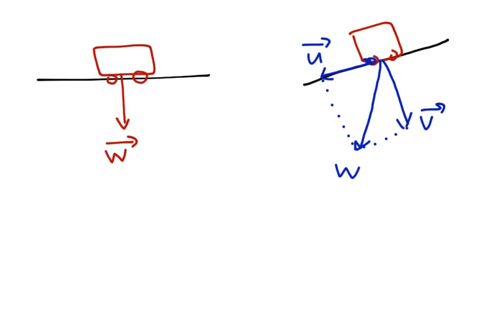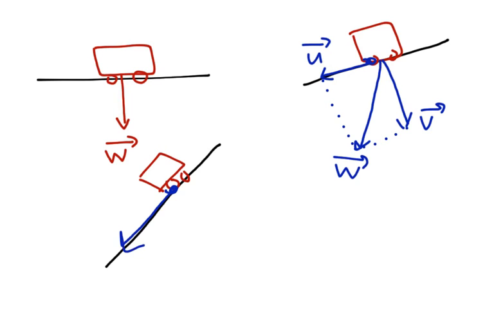And then we have this third vector, we're going to call it W, which is the sum of U and V. And that's often the vector we want to deal with. That's the weight of the car directly to the center of the earth, whereas U is the force that tends to roll the car down the hill, and V is the force experienced by the surface of the hill. The bigger the hill, the more the force going down the hill.